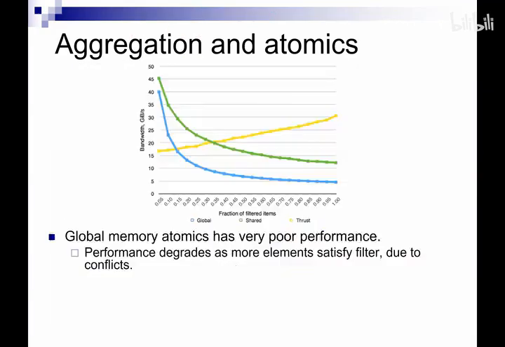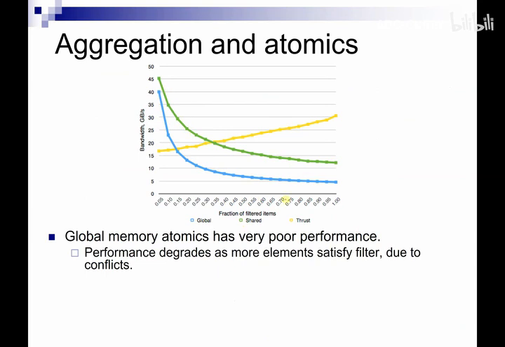This article also did some benchmarks. The benchmark compares the global memory version of the filtering with the shared memory version of the filtering. The green one is the shared memory version, and you can see that it is quite a bit faster.